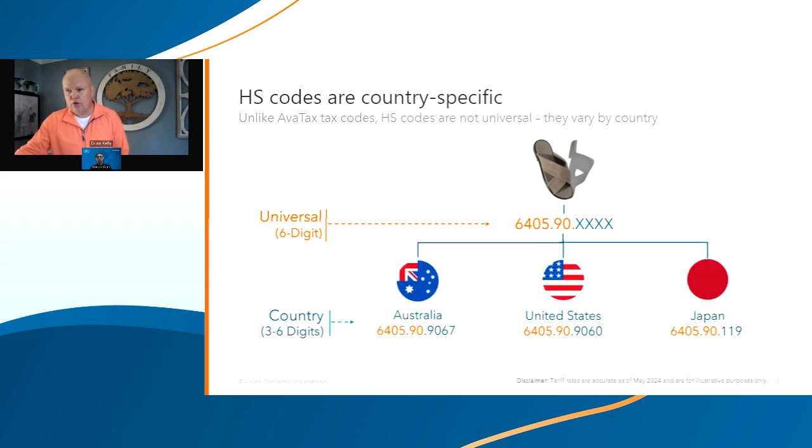Now, when you say, okay, we're going to take that rubber sole, leather top, men's slipper made in China to Australia, Australia is going to add their 4-digit extension. And I'll show you why that's important. The US has its own additional 4-digit extension, Japan, and so forth.